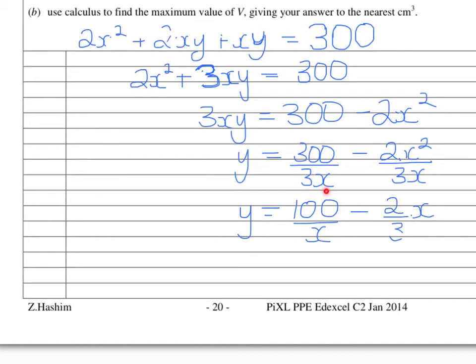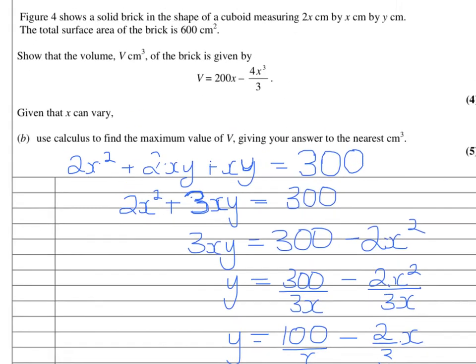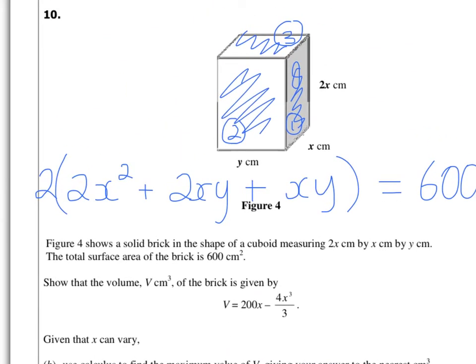Now I've got to think about the volume. How could I write the volume of this cuboid? So let's have a look at it again. The volume just means multiplying all these lengths here. So that will give me 2x times x, 2x squared, times y, 2x squared y.